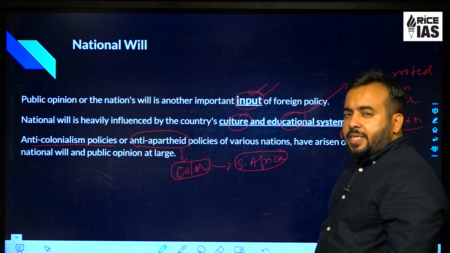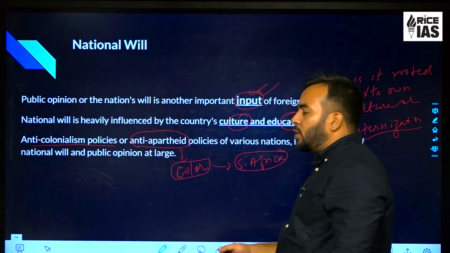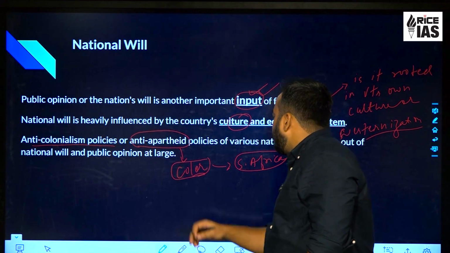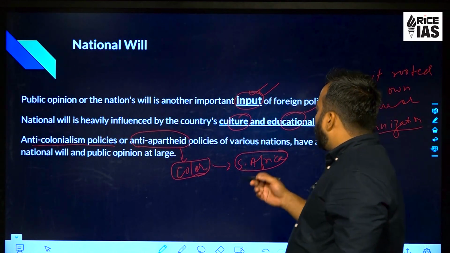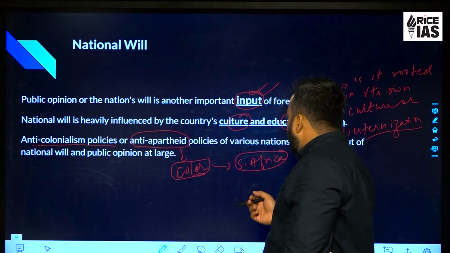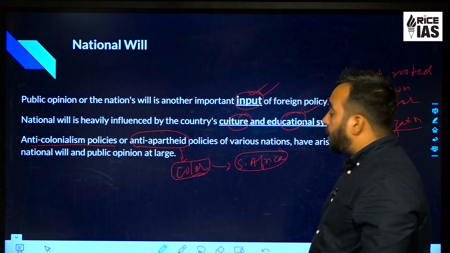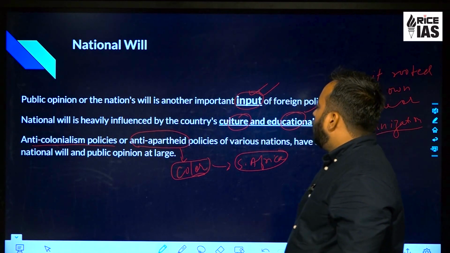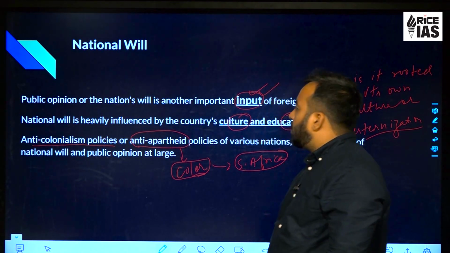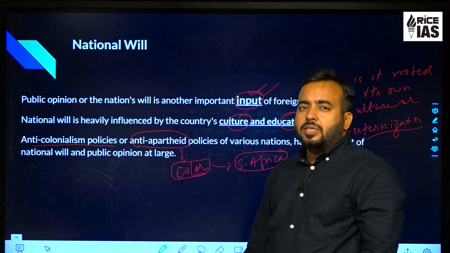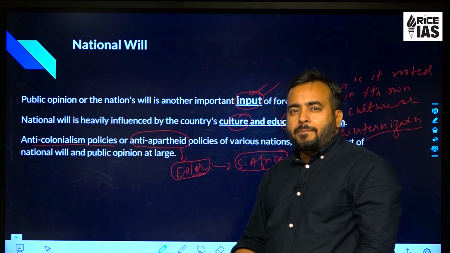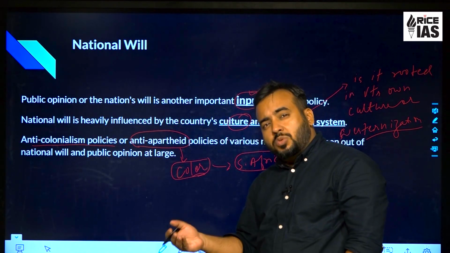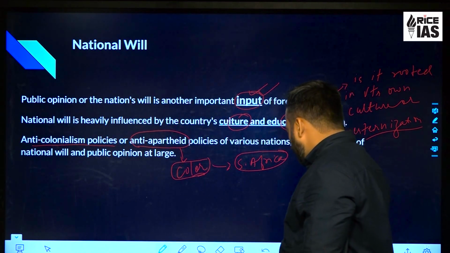From the very early days, Mahatma Gandhi is one example who went to South Africa and fought against the British colonial power. So national will is very important. When the government changes, the national will changes. Sometimes the opposite also happens. The change in national will or public opinion leads to change in the government also.